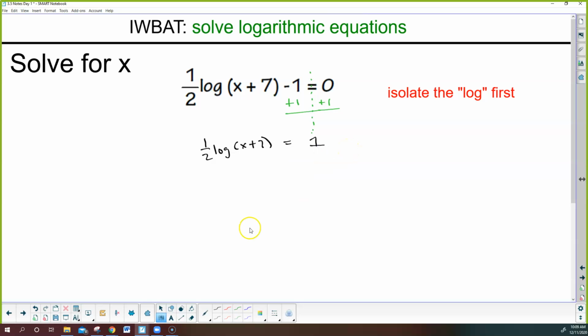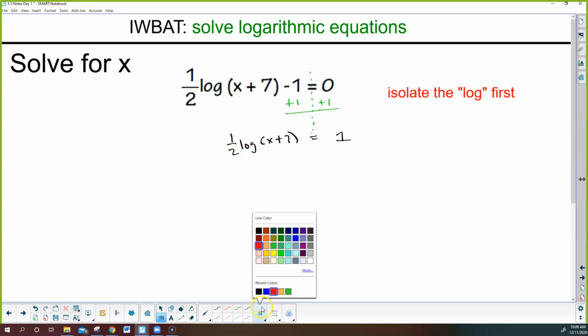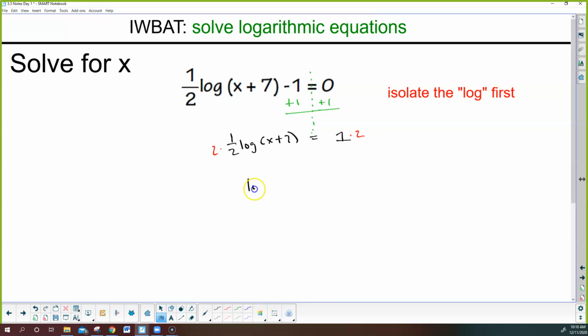So that's equal to 1. And then I have to deal with the 1/2, right? That 1/2 has to move over to the other side as well. Well, to get rid of a 1/2, we times by the reciprocal, which is just 2. And now we have the log isolated.